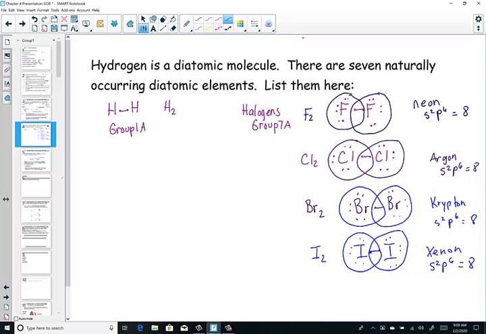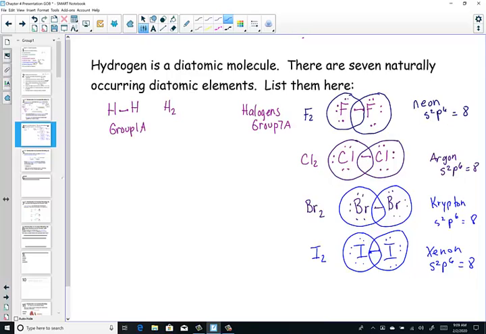So 7 electrons in the halogen will share 1 pair of electrons, so each atom now has a combined number of 8 electrons. Sharing electrons allows those molecules in nature to become much more stable.